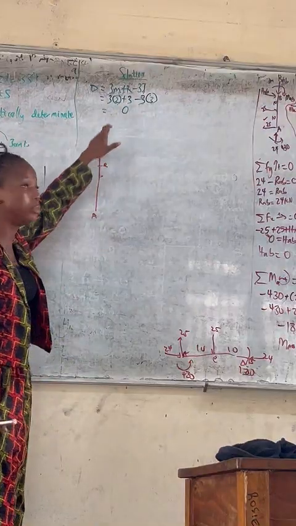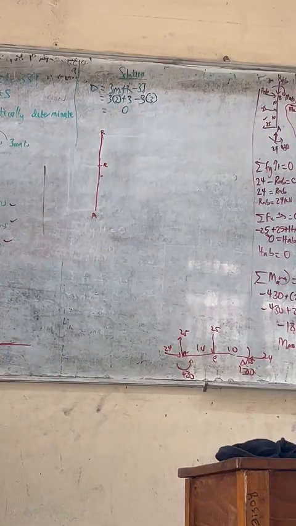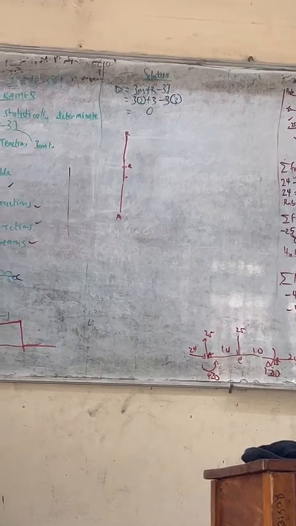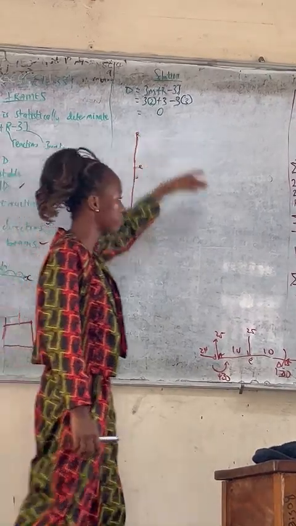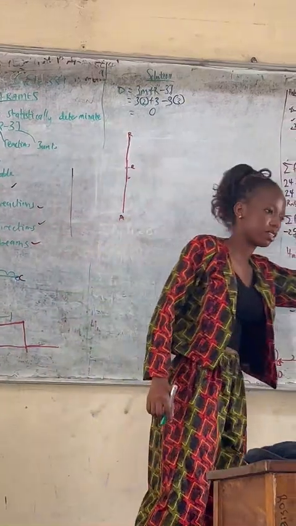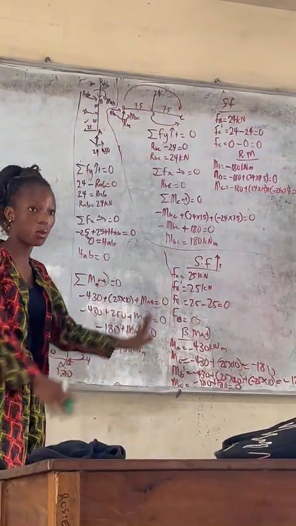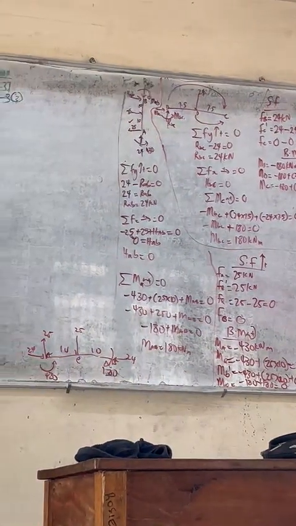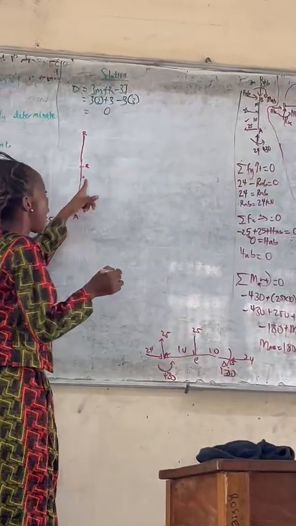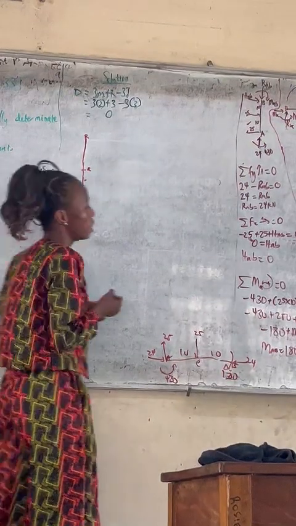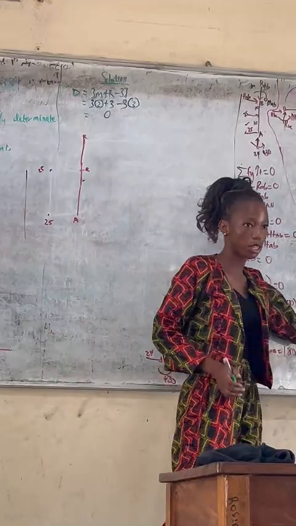On the shear diagram, we have A, E, B. Remember we already named those points. What's the shear at A? It's like you are plotting a graph. At A we have what? 25. At E we have what also? How many points do we have for E? 2 points.